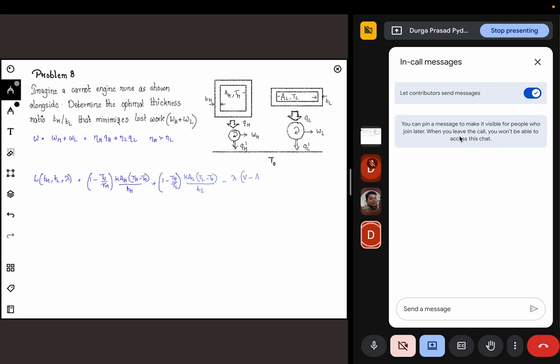Still the volume has to remain the same. So just like the previous one, all you have to do is take del L by del TH equal to 0. Then you can solve and tell me what answer you're getting.